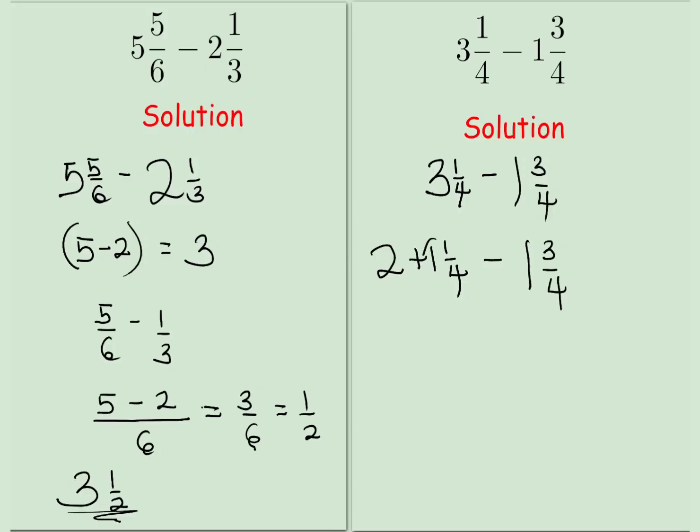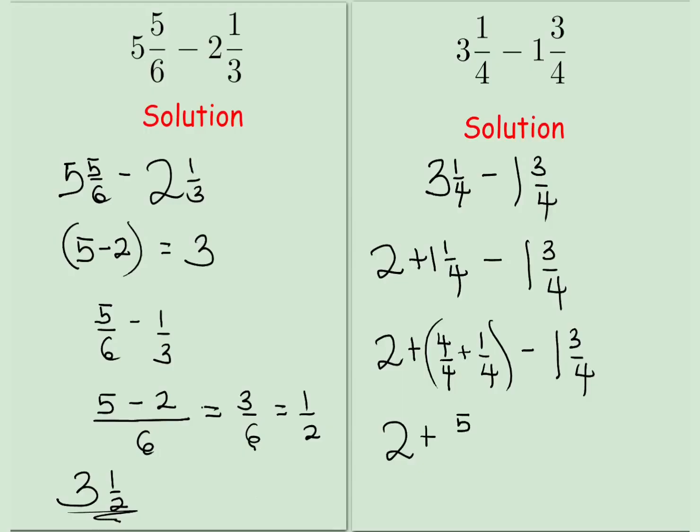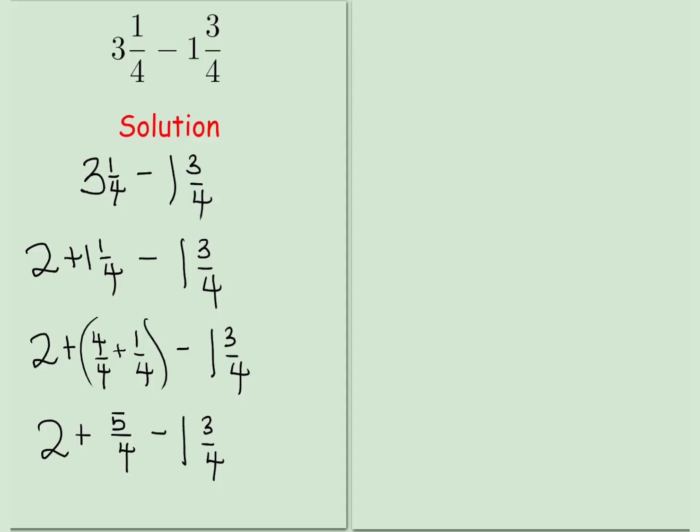Now this 1 whole number here can be written as our 2 whole number plus 4/4, which is the 1, plus 1/4, then minus 1 whole number 3/4. It is with this that you can now have your 2 whole number plus, this here gives us 5/4 minus 1 whole number 3/4.